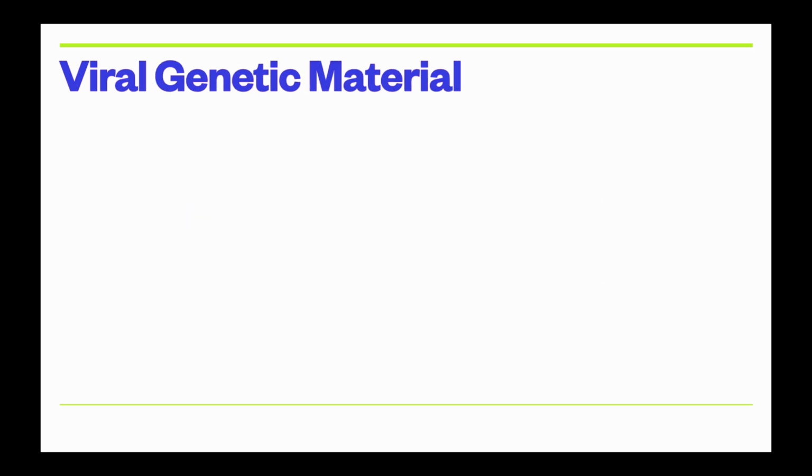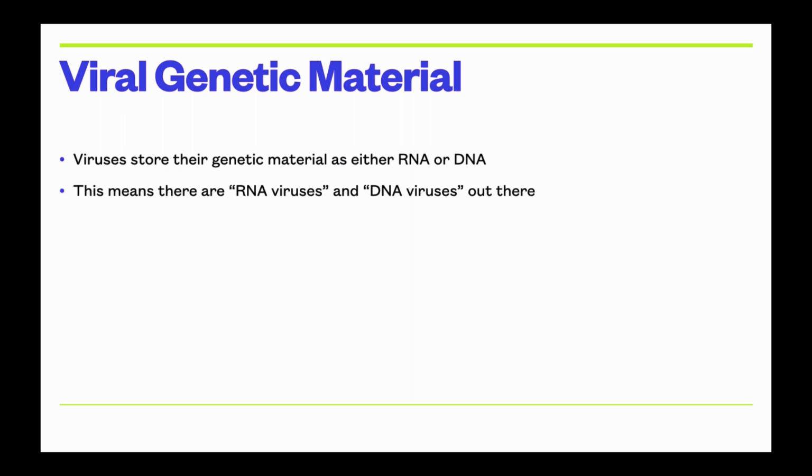Okay, viruses have genetic material, just like lots of other things that are alive, and their genetic material can be either RNA or DNA. Now, if you guys remember, humans and plants and fungi and just about everything alive that you've ever heard of has DNA only as its genetic material. But viruses can have RNA or DNA. This makes them a little weird.